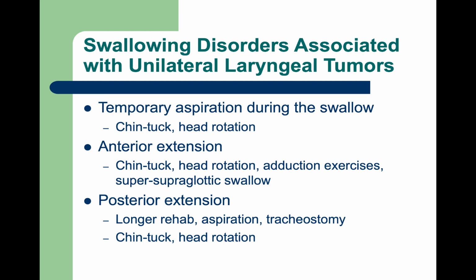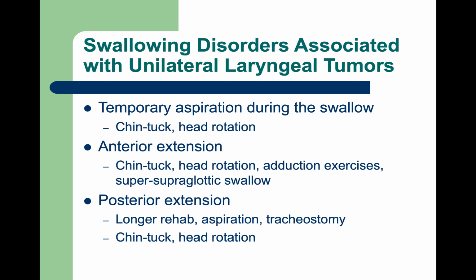So posterior extension tends to have a longer recovery than the anterior extension or unilateral laryngeal tumors without extension. Some of these individuals may never be able to drink liquids by mouth because of aspiration during the swallow, and oftentimes they will need a permanent tracheostomy.